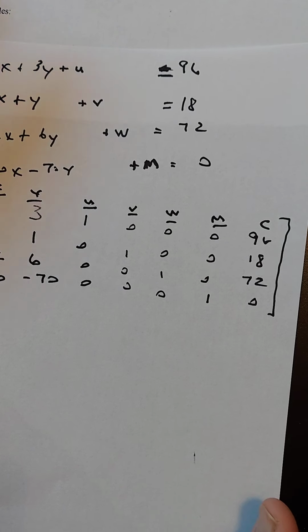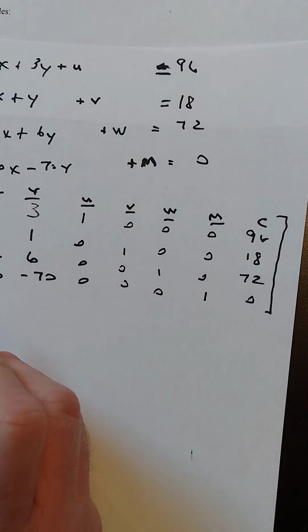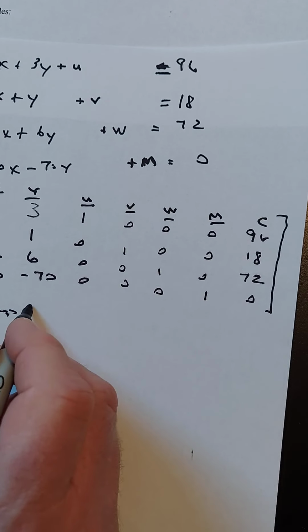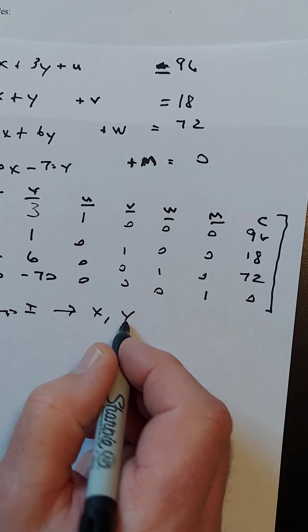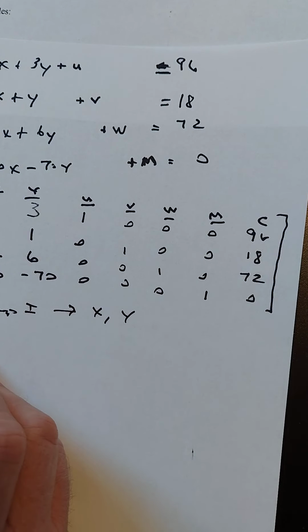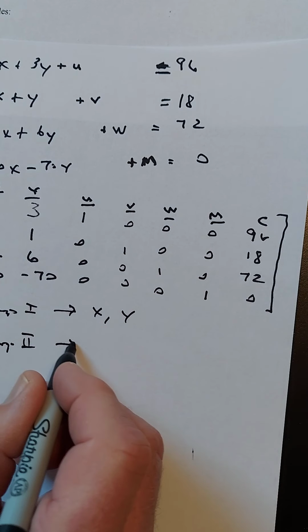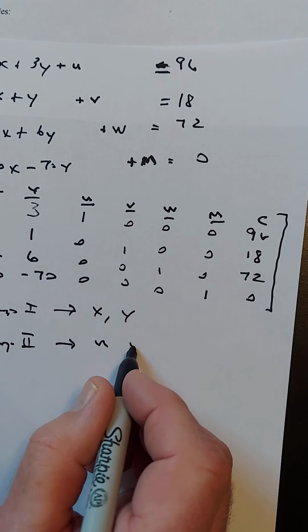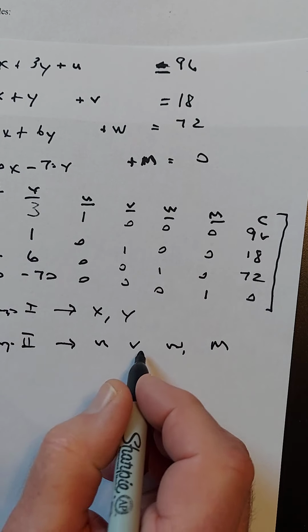Later on they're going to talk about group 1 variables and group 2. Right now your group 1 variables would be x and y, and your group 2 variables would be u, v, w, and m.